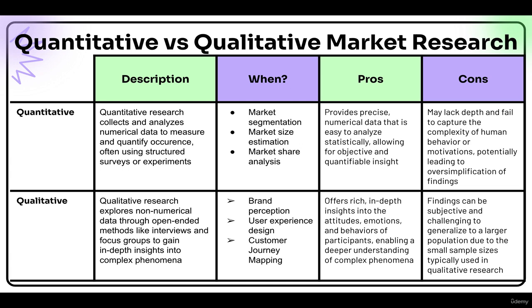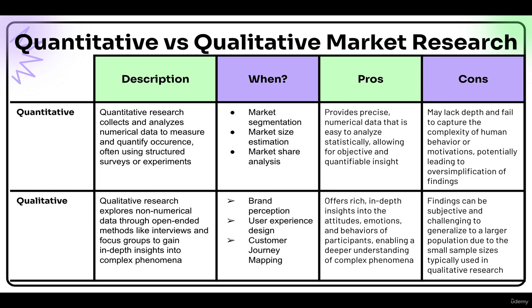And for market share analysis, the quantitative method is also going to be very helpful because it will help you to assess companies' market share relative to competitors and also identify areas for growth or market penetration. So if you notice, all these three analyses require you to deal with data, require you to deal with numbers. And that's the reason why we should use quantitative methodology for these three analyses.